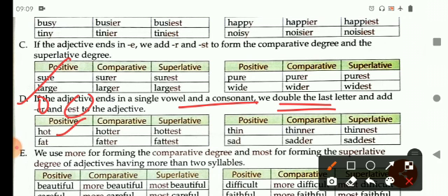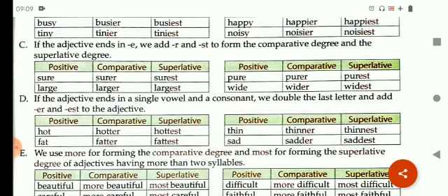So hot, t is the consonant, the t will be doubled, hotter, adding er to make the comparative degree, and by doubling the letter t and adding est we make the superlative degree of the word hot. Now it has become hot, hotter, hottest. In a similar way, thin, thinner, thinnest, fat, fatter, fattest, sad, sadder, saddest.